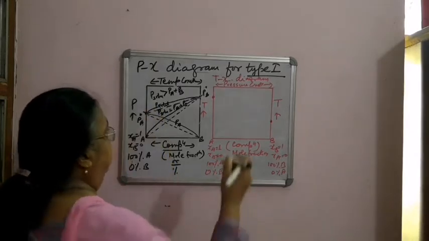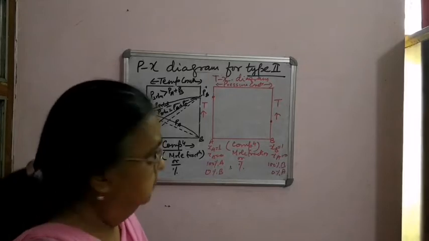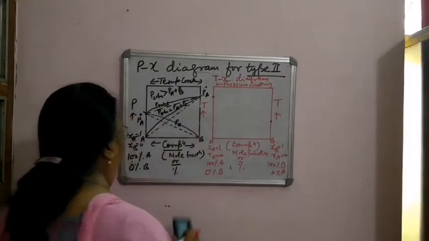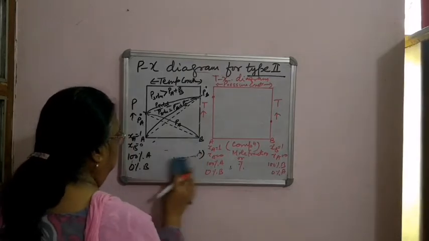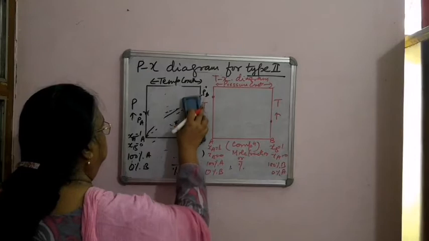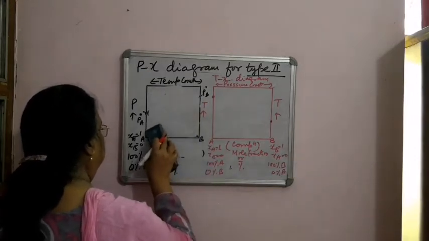PX diagram for type 2. PX diagram for type 2 I'll do for you, and so here in this I do that. Draw again this box.